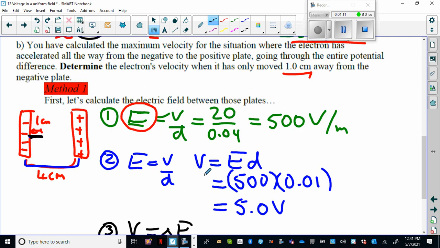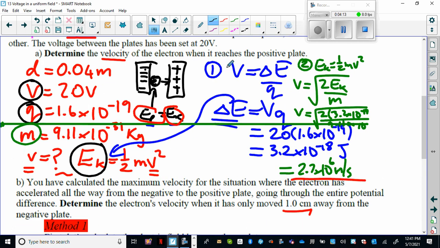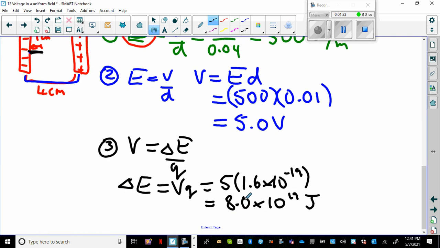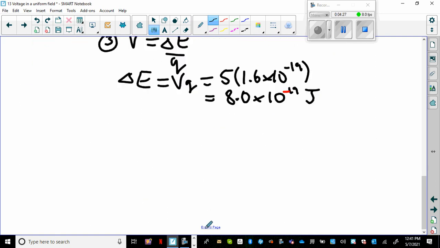Let's review to see, does that seem reasonable? In the first example, when it went through the entire 4 centimeters, it gained 3.2 times 10 to the negative 18 joules. This time it's gained 8.0 times 10 to the negative 19 joules. That seems pretty reasonable.